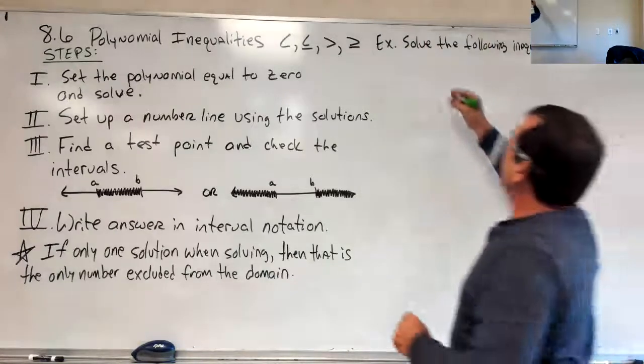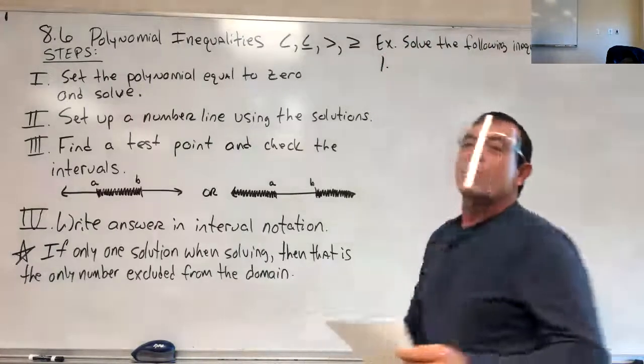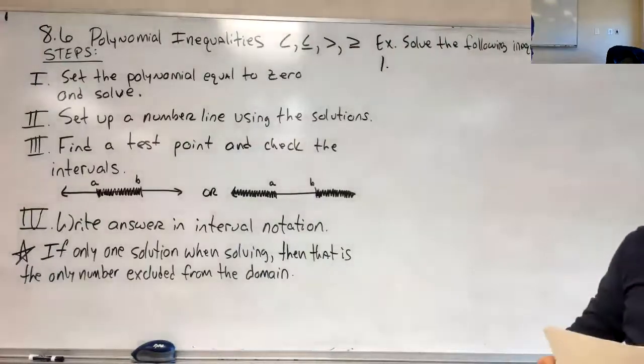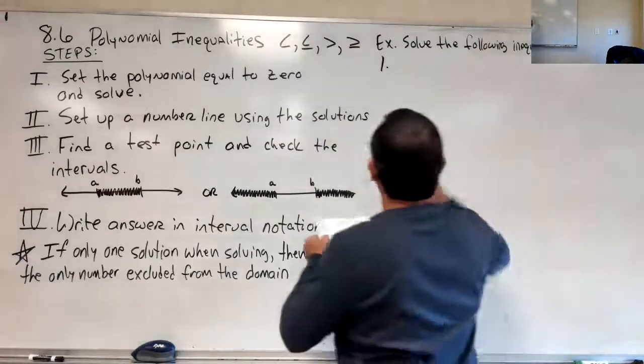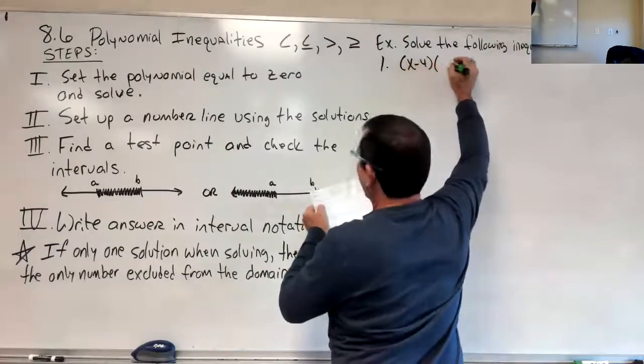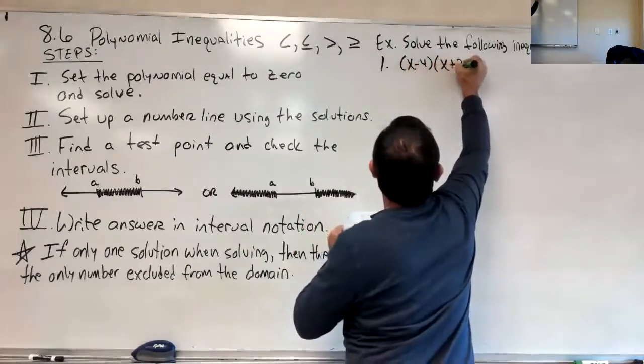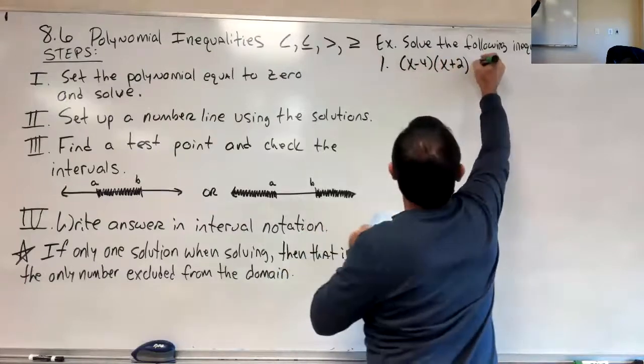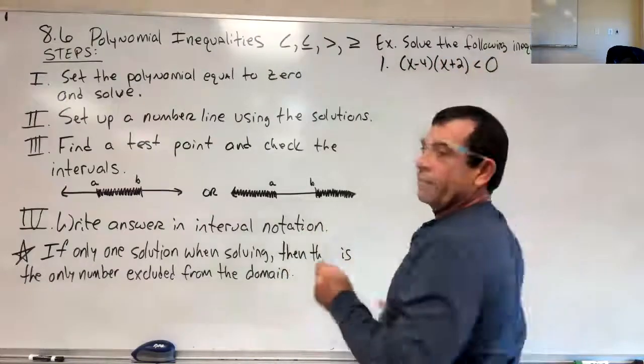All right, so number one, they were pretty nice on number one, and they already factored this one for us. They factored this one into x minus 4 and x plus 2 less than 0.